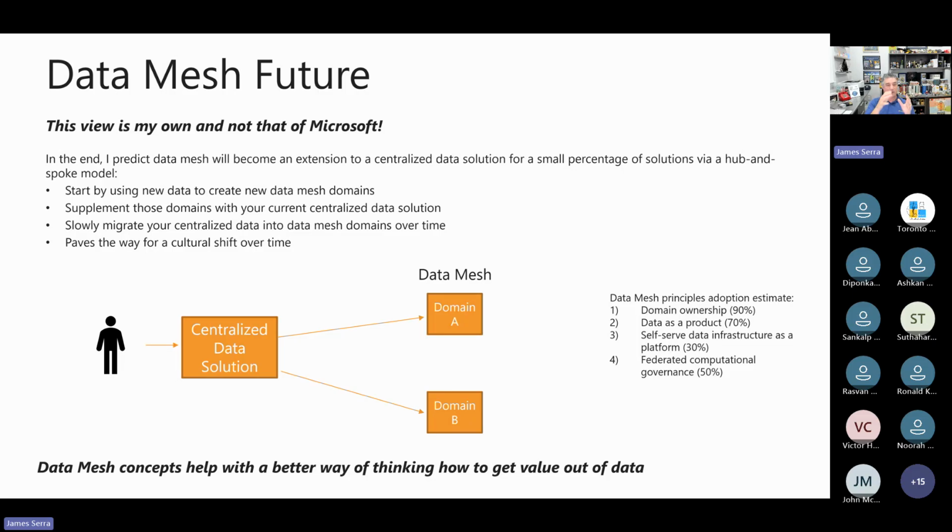Now, maybe over time they move some of the centralized data into domains as a data mesh, but most customers have a hybrid approach. And for IT, you may be happy because you're like, well, hey, at least a couple of these domains are not falling on us to incorporate all this new data. We're having them do the work before we take and combine it with others in there.